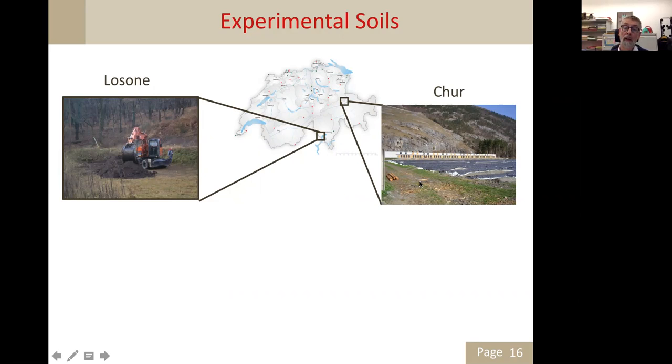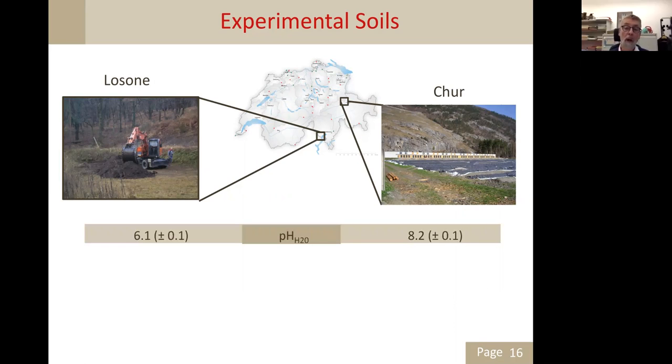The other soil was from the river Rhine Valley of eastern Switzerland near the city of Chur, where we have an alluvial site, with sandy, silty soil, which was used actually after the remediation for production of some agricultural crops, including potatoes.